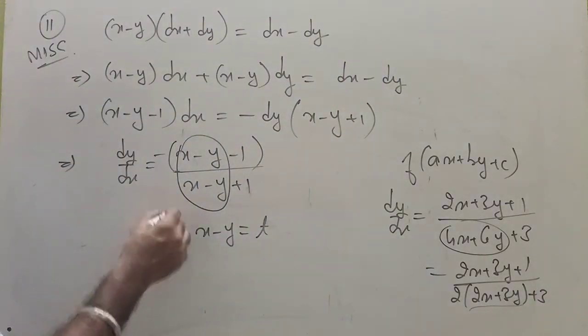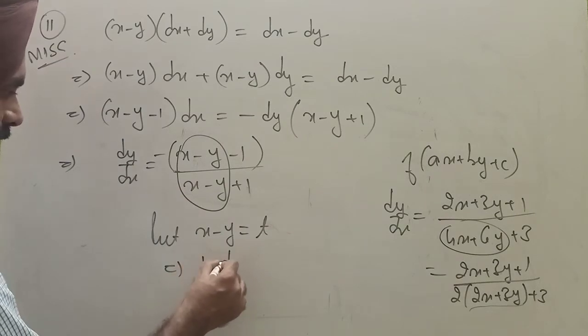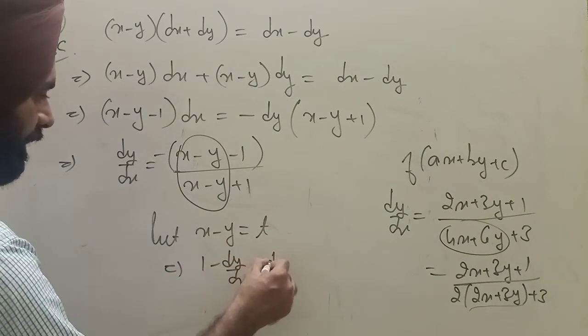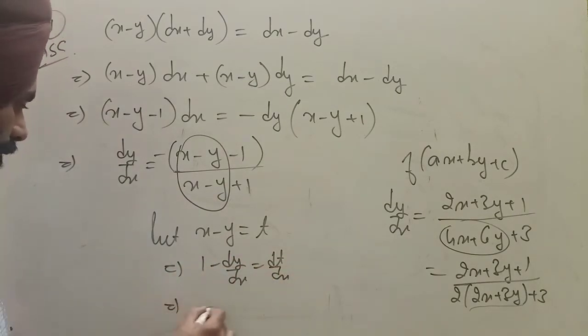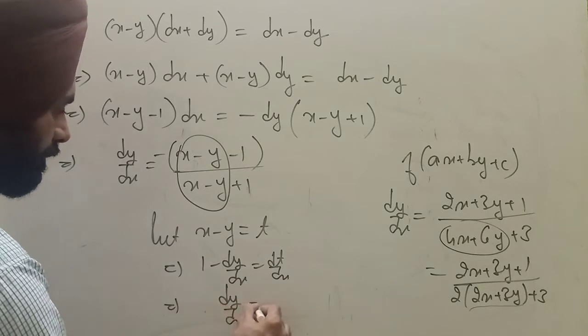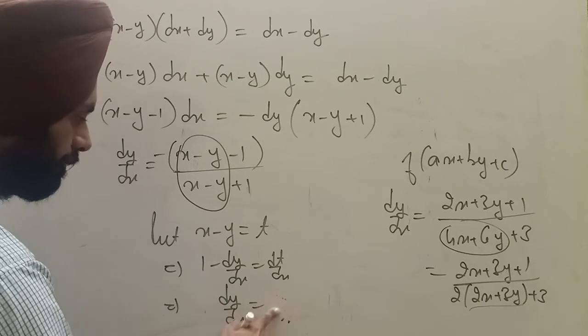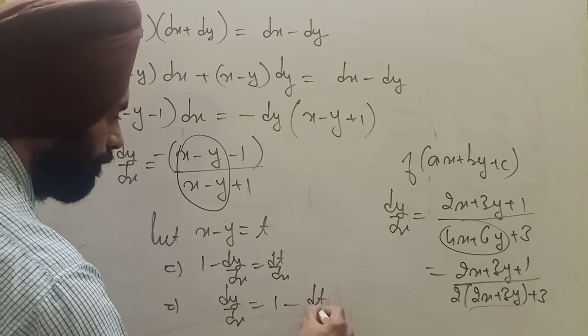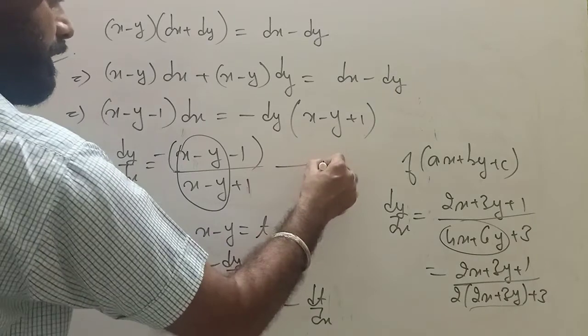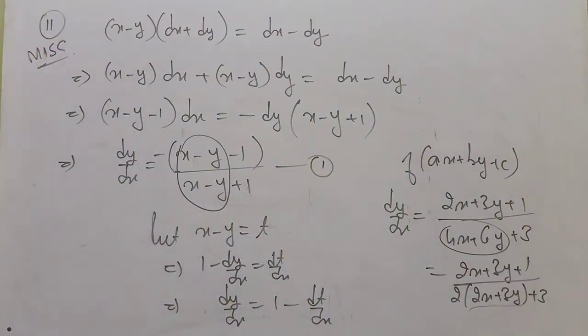Clear? Now in the question, find the derivative. 1 minus dy by dx is equal to dt by dx. So what is dy by dx? It is 1 minus dt by dx. So put these terms in equation number 1.